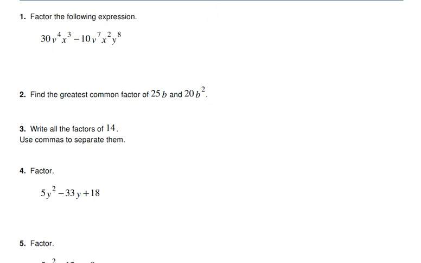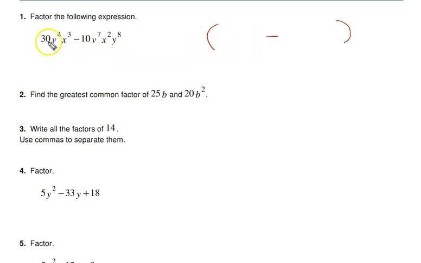So as we go into this here, we want to develop a protocol, a method of operation to solve it. So we have two terms, and we want to see what we can factor out of each term, the greatest common factor, and we know there's going to be a negative sign between the two.